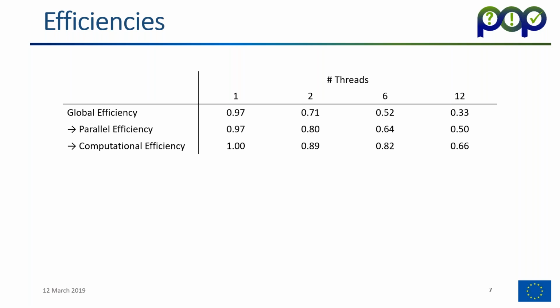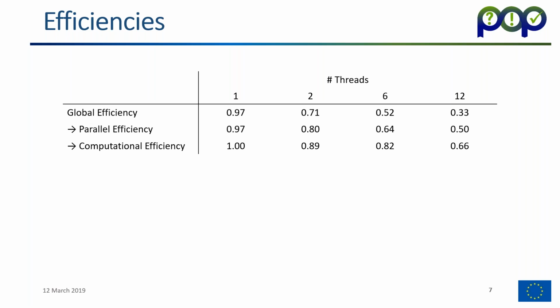By then looking at the parallel efficiency and the computational efficiency, we can begin to gauge whereabouts the performance could be improved in order to boost the overall performance. So we can see here, for example, that parallel efficiency declines perhaps a little bit more rapidly than computational efficiency, which suggests that we might want to look first at improving the parallelization of the program before looking at what's going on in the individual threads as part of their computation.